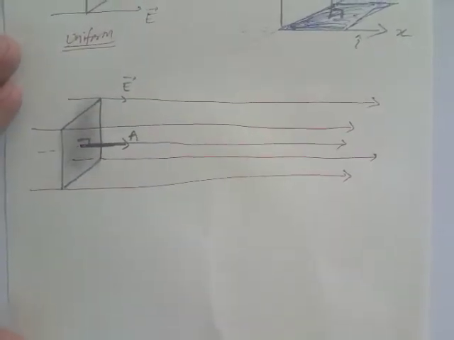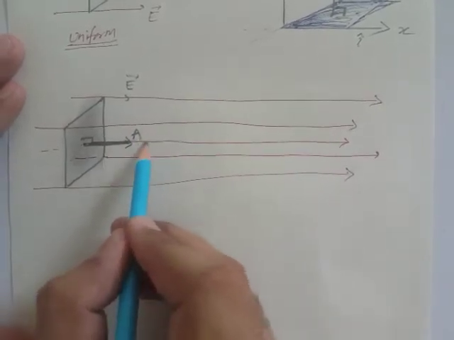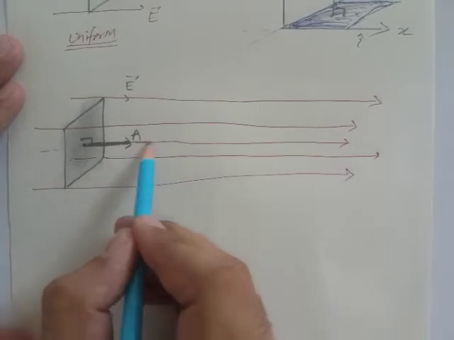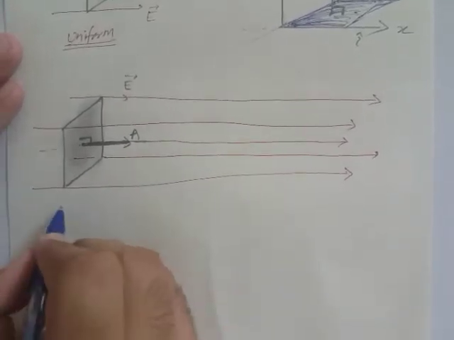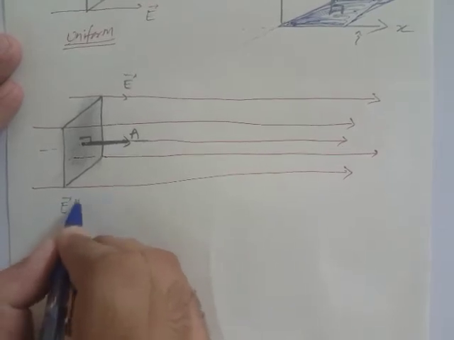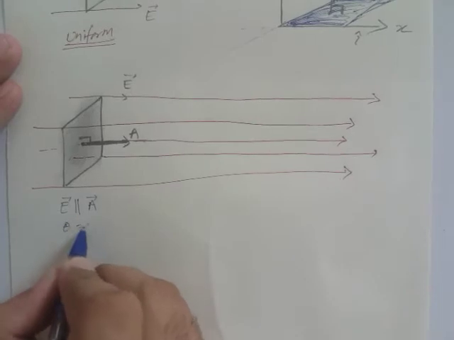So we can say that the area vector and the electric field are parallel to each other. So in this we can state that the electric field vector and area vector are parallel to each other. That means theta should be 0 degrees.